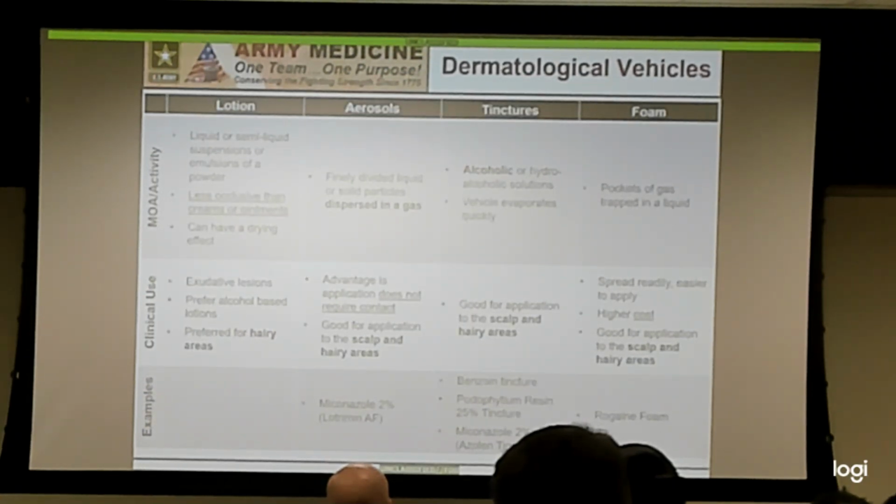Lotions. You will use lotions not as often as you're going to use an ointment or a cream. Okay. So your lotion's less occlusive than your cream and your ointment. And what they have done is they have figured out a way to suspend the medication into that lotion vehicle. Most of the time, these medications are white.